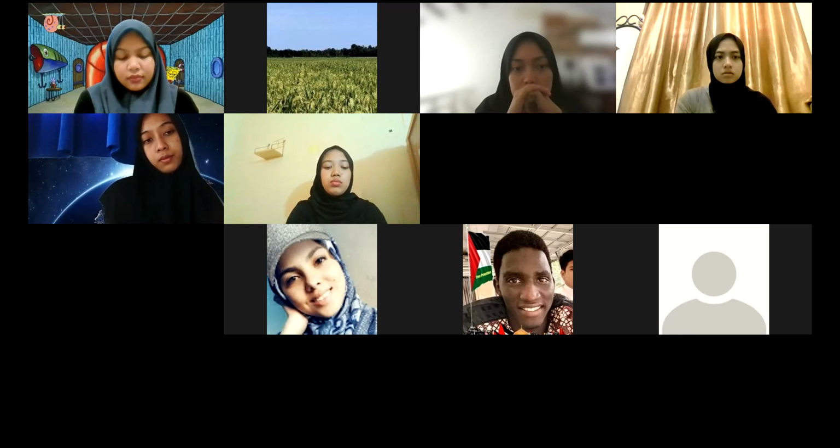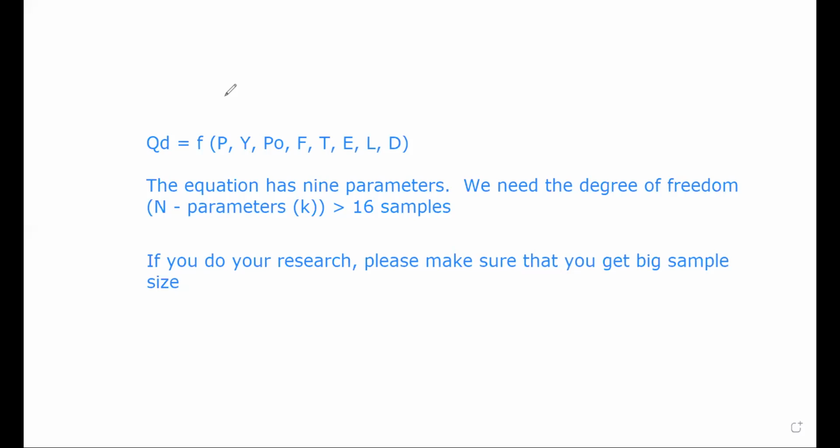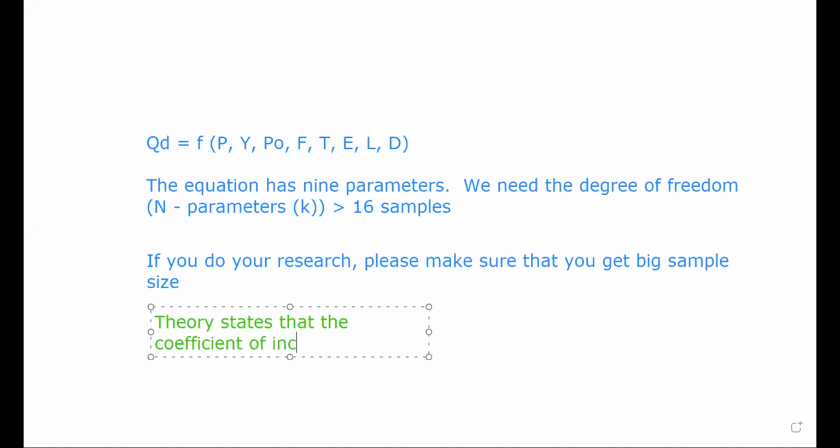For example, in theory, the coefficient of income is positive for a normal good.